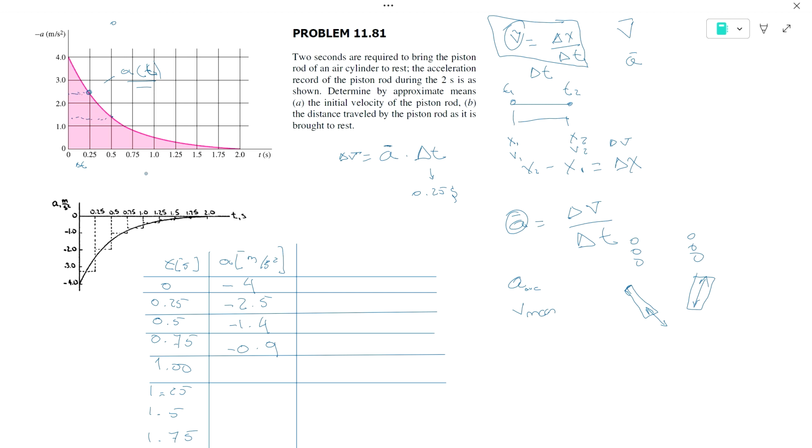Okay. So now we're going to say at 1 is, I think, around 0.6, but it's negative. So let's say, I don't know, negative 0.5. It's between 5 and 6, I would say. Then we're going to do at 1.25.